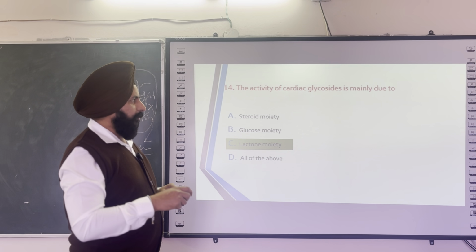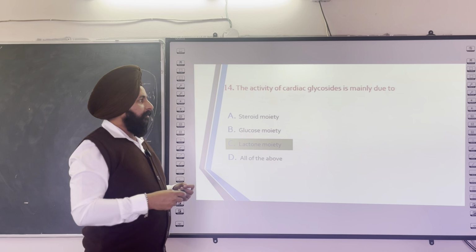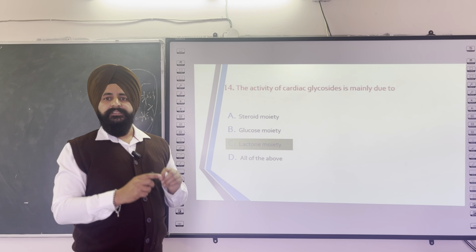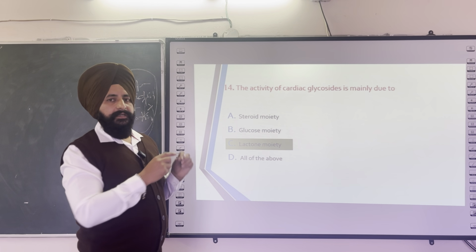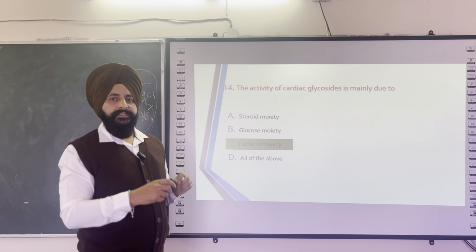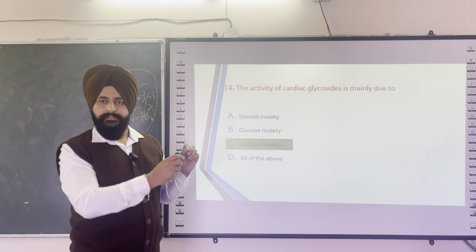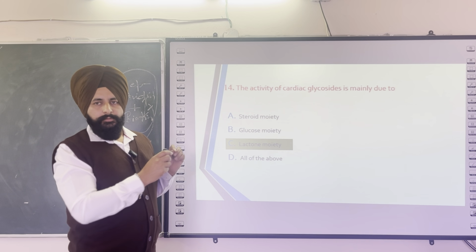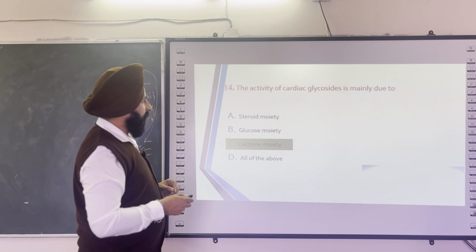So this question can be asked in this way: on carbon 17, which moiety is present that is responsible for cardiac glycosidic activity? This lactone moiety is present in the structure of cardiac glycoside on carbon atom 17. So this is the correct answer for this question.